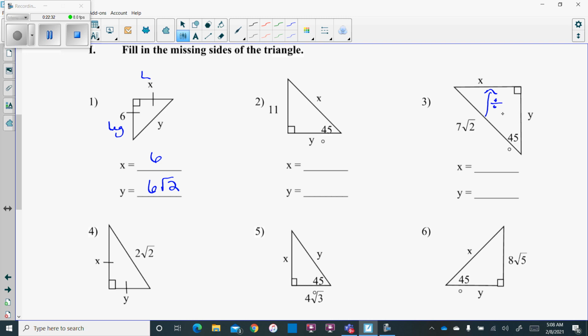Even if you don't realize mentally that anytime I see an x root 2, and that part is your hypotenuse, then the x in front would represent the leg, you could still get there because I'm going from big to small. So my work here would be taking the 7 root 2 divided by the square root of 2. Well, those will cancel, and I get my leg, 7.